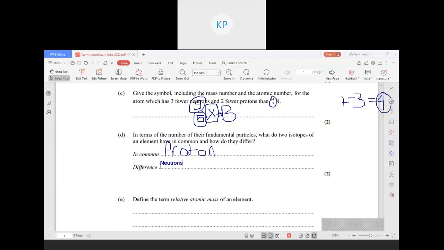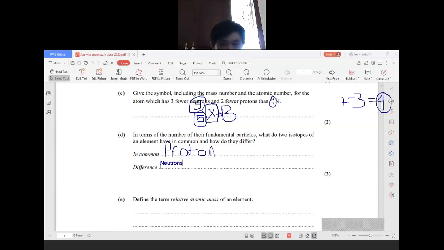Now define the relative atomic mass. Define the term relative atomic mass of an element.